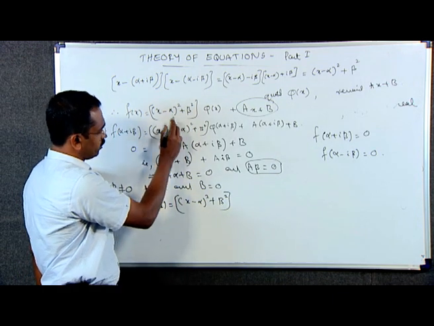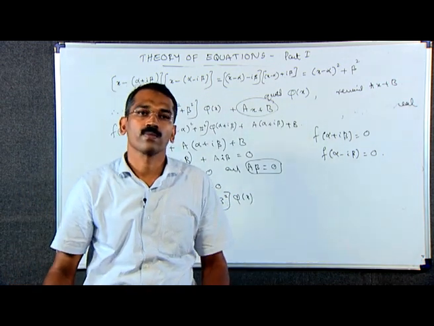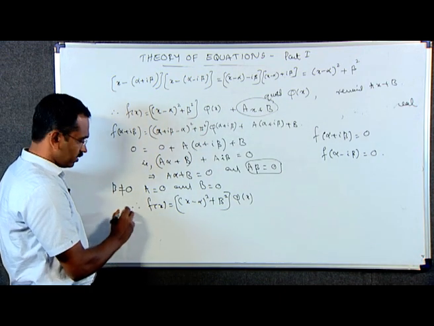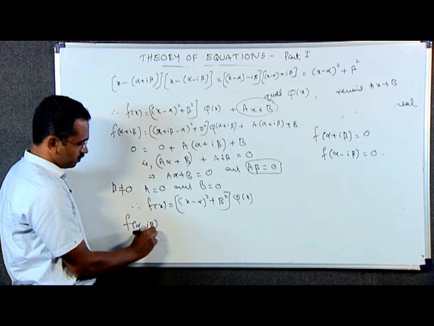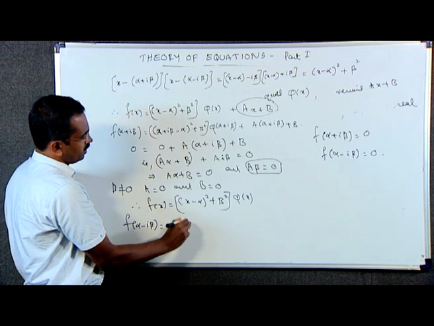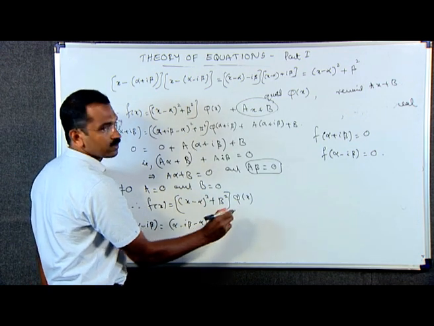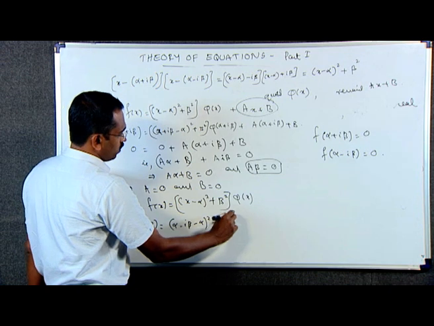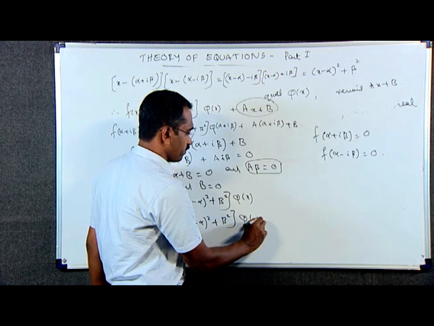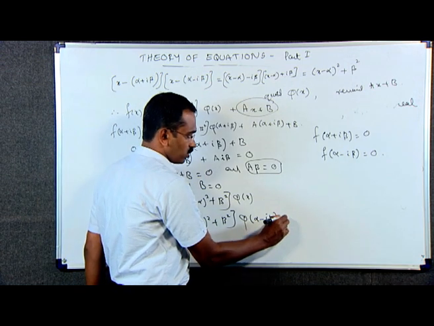Therefore, f(x) equal to ((x minus alpha) the whole square plus beta square) into phi(x). F(alpha minus i beta) equal to, we can write from here ((alpha minus i beta minus alpha) the whole square plus beta square) into phi(alpha minus i beta), which is equal to 0.